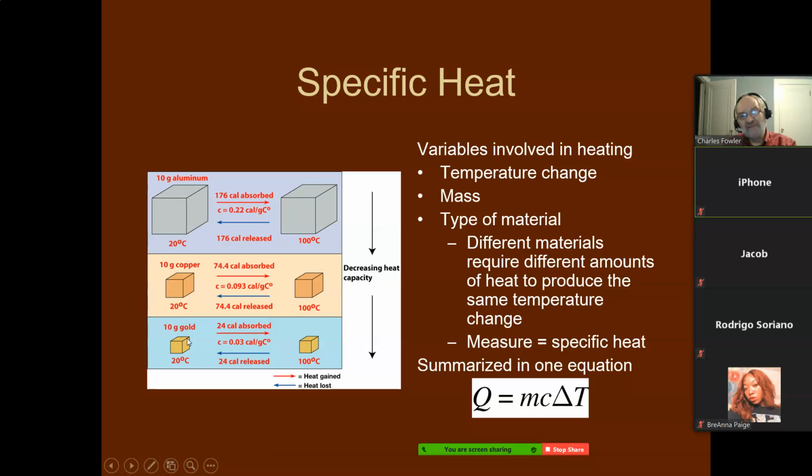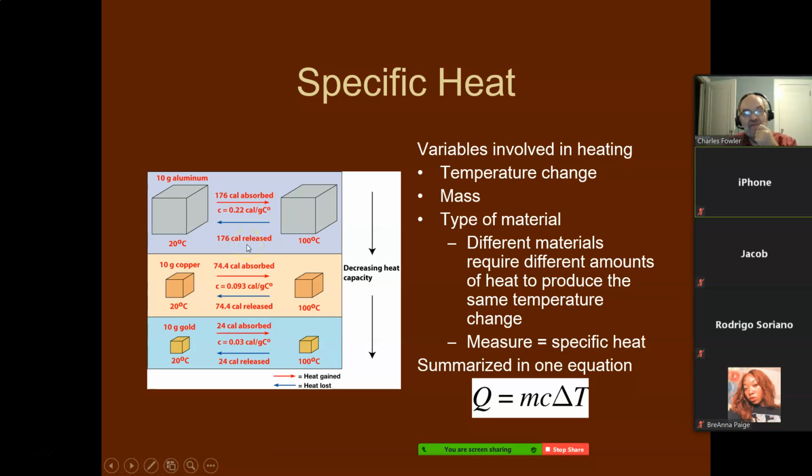Now, we didn't have any that were gold, but 10 grams of gold is really small because gold is very dense. It's only 24 calories, and that specific heat is 0.03 calories per gram degree Celsius, whereas copper is 0.09, 3 times as much, and aluminum is more than twice the specific heat of copper, almost 10 times the specific heat of gold, about 7 times.